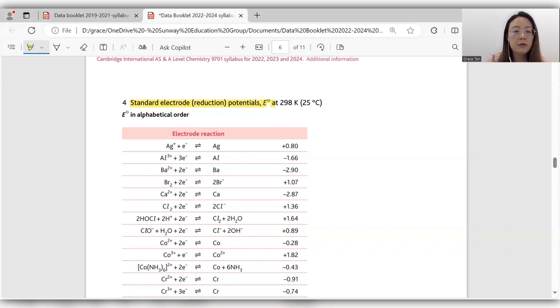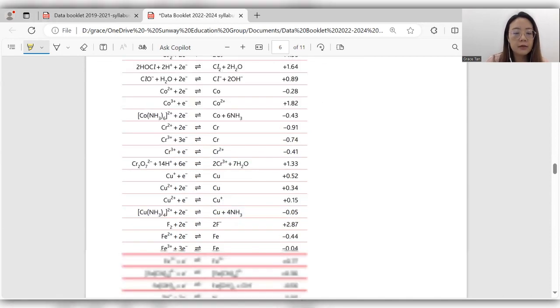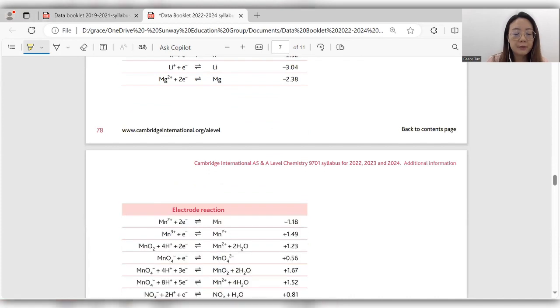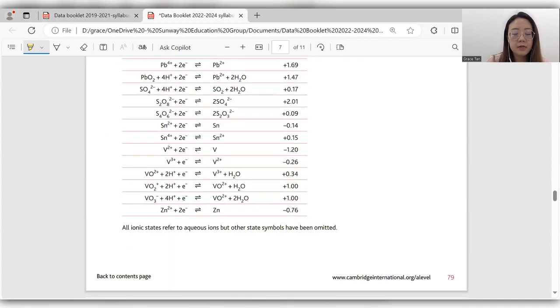But I want to show you for 2022 to 2024, you can obtain these few sheets of document in the syllabus. What I've done is I extracted them out, and you can see they are arranged in alphabetical order over here. It's from page 78 to page 79.